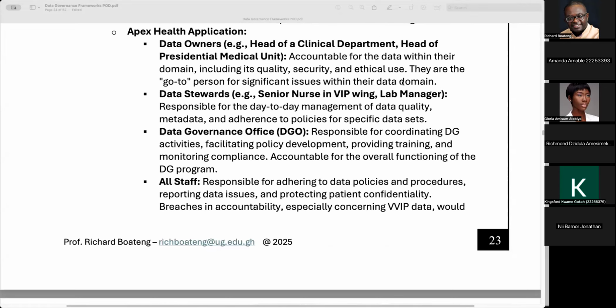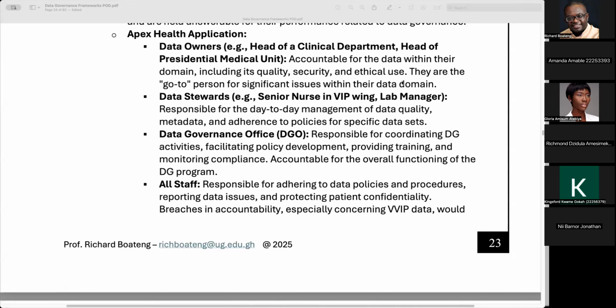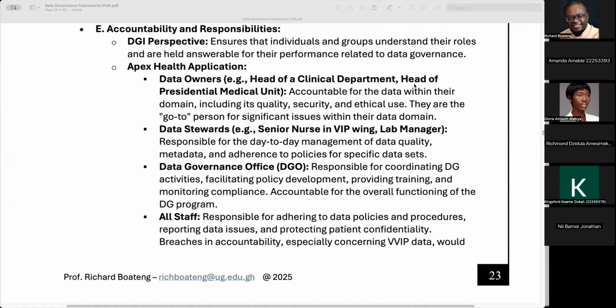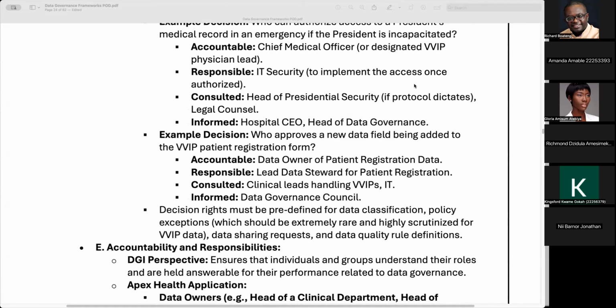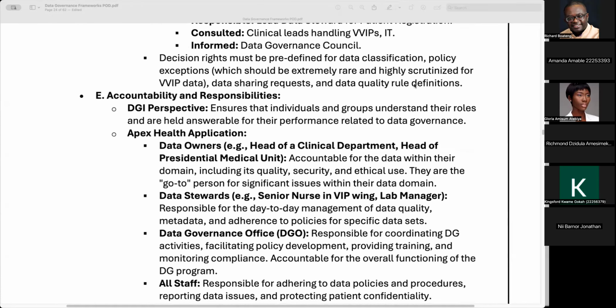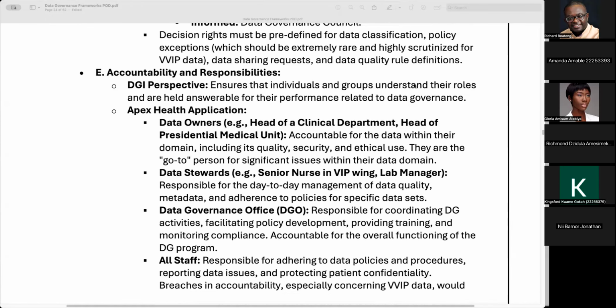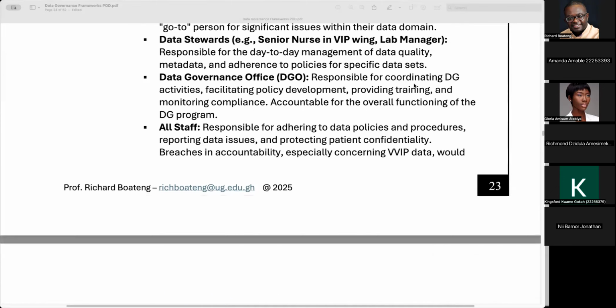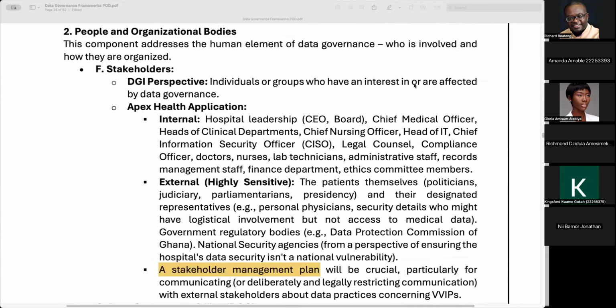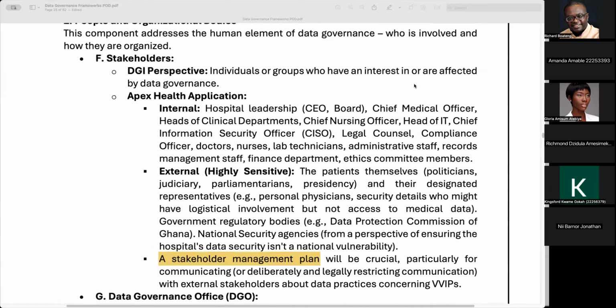The DGO's functions would include facilitating the Data Governance Council meetings, managing the entire lifecycle of data policies and standards, drafting, review, approval, communication updates, overseeing the data stewardship program across the hospital, coordinating data quality initiatives and monitoring, planning and delivering data governance training, monitoring overall compliance, acting as a central point of contact for data governance inquiries or issues, managing the selection and implementation of DG tools, and critically, coordinating the hospital's response to data incidents in collaboration with security and legal.